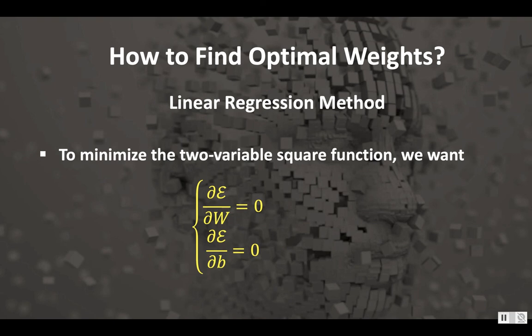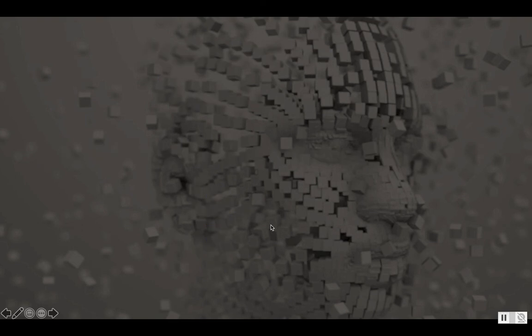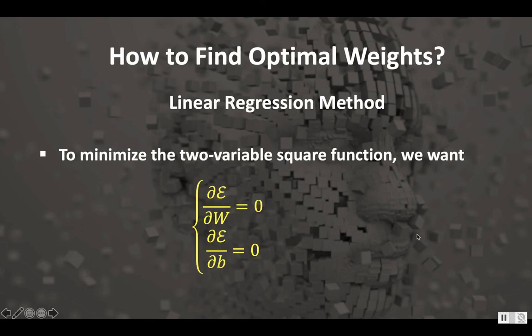Looking at the cost function, we want it to reach the minimum value. Based on that, if we can find where the derivative equals 0, that is the minimum of the cost function.